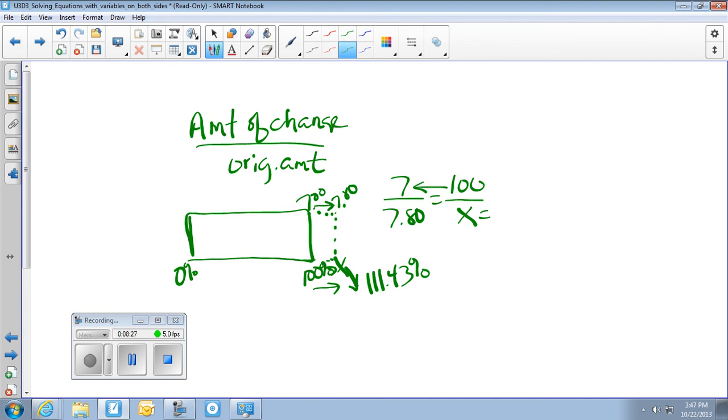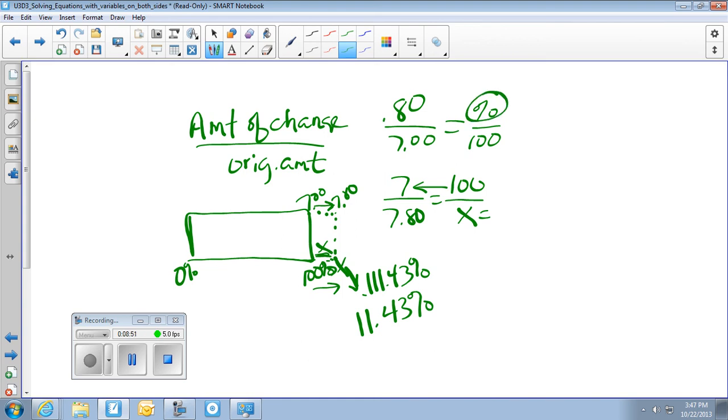So this difference right here is X, so that should be 11.43%. Or if I did it up here with the amount of change over the original amount, it's 0.80 over the $7 equals percent over 100. And you'll still get 11.43% for that percentage of the change right there.